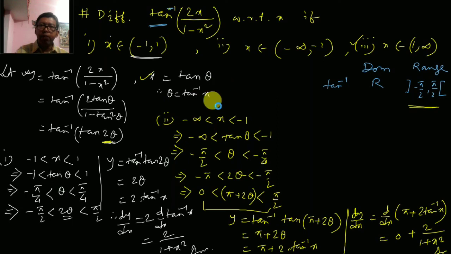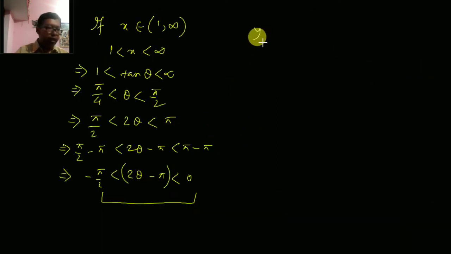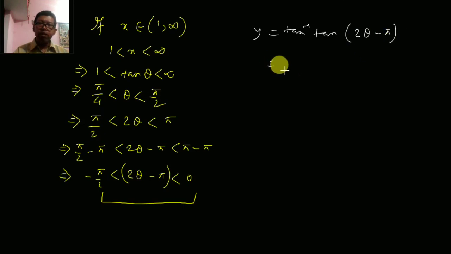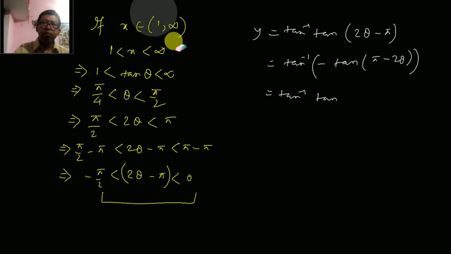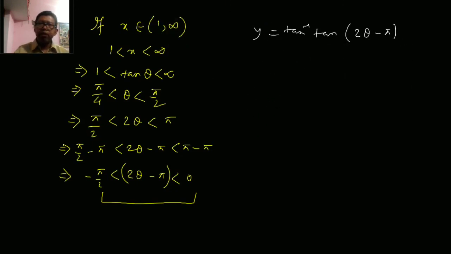This 2 theta will be replaced by 2 theta minus pi. So y is equal to tan inverse of tan of 2 theta minus pi, which is obviously 2 theta minus pi.